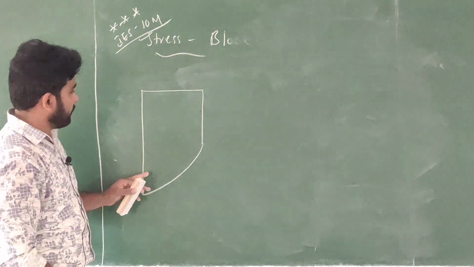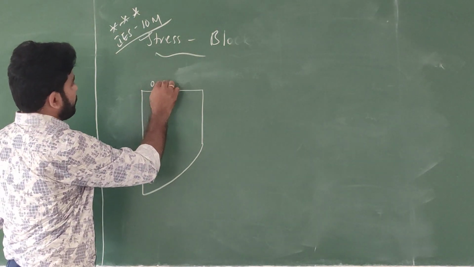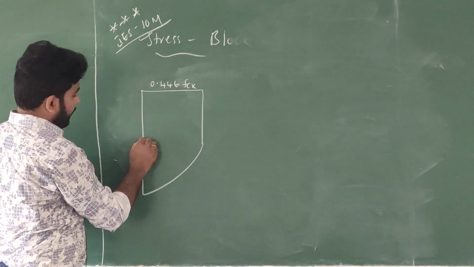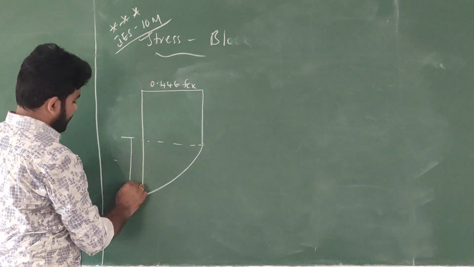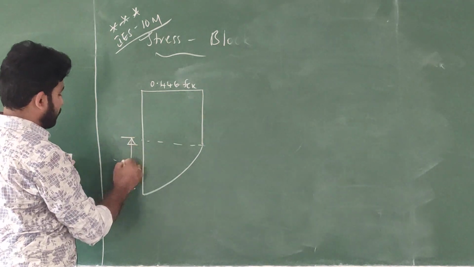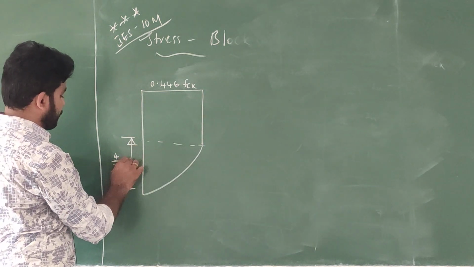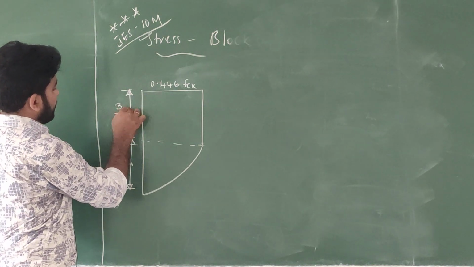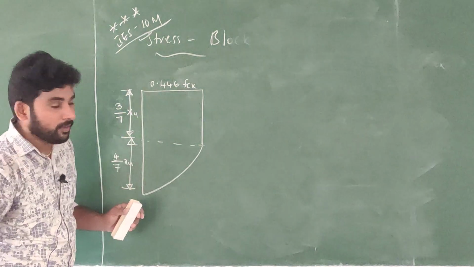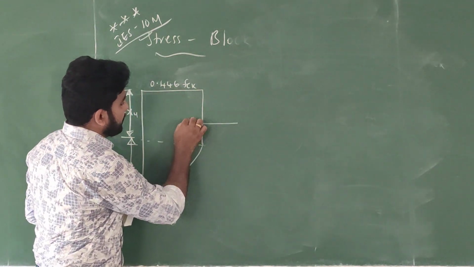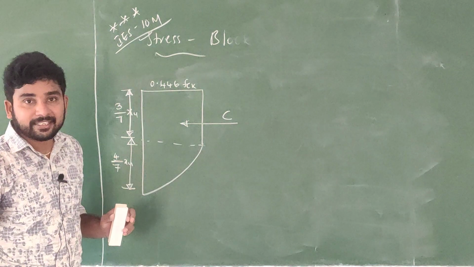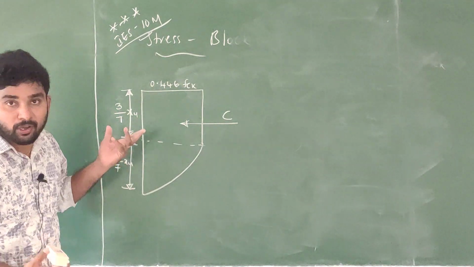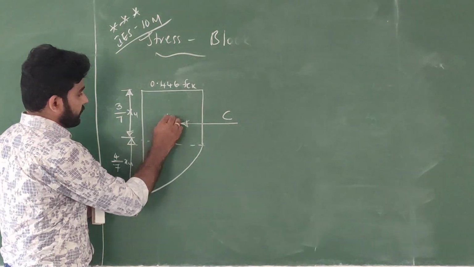This is the stress block having a stress of 0.446 FCK, and up to the parabola this is x1. x1 means 4 by 7 xu and this is 3 by 7 xu, and there is a compressive force C acting. We don't know whether it is acting in the rectangular portion or the parabola portion.